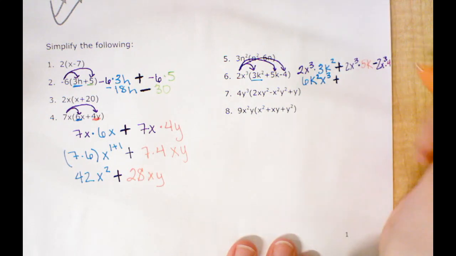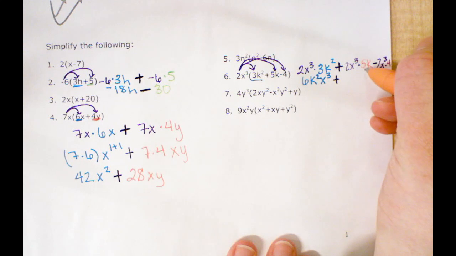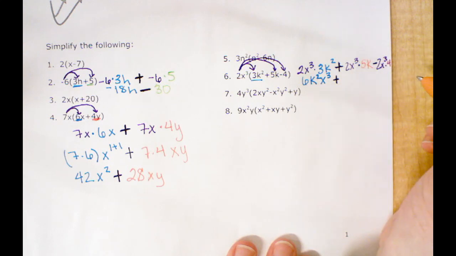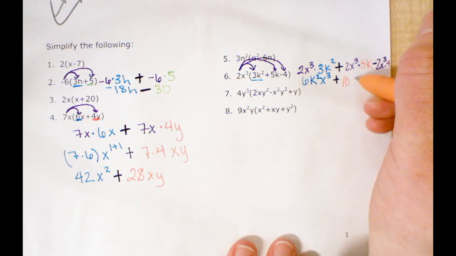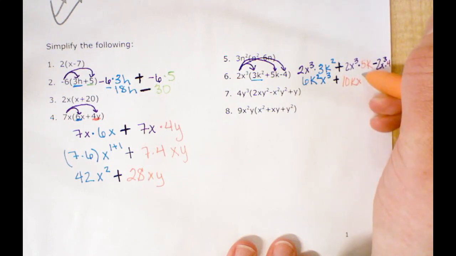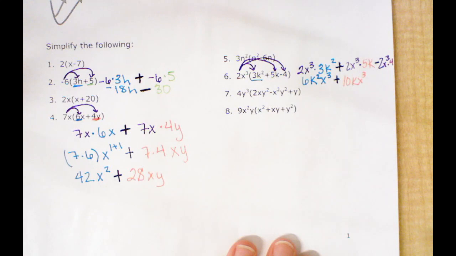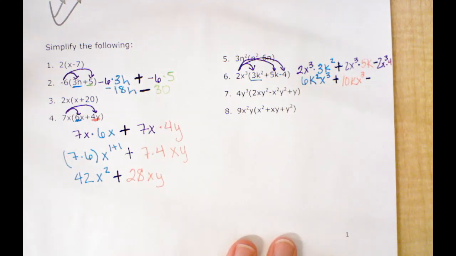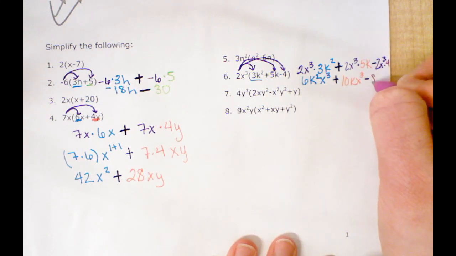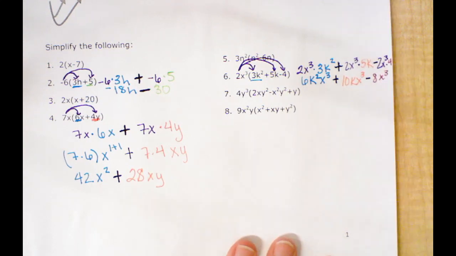Okay. Then we have 2 times 5. What is that? 10. Then we put kx cubed. Okay. Then we have minus. We have 4 times 2. What is that? 8. And then we have x cubed.